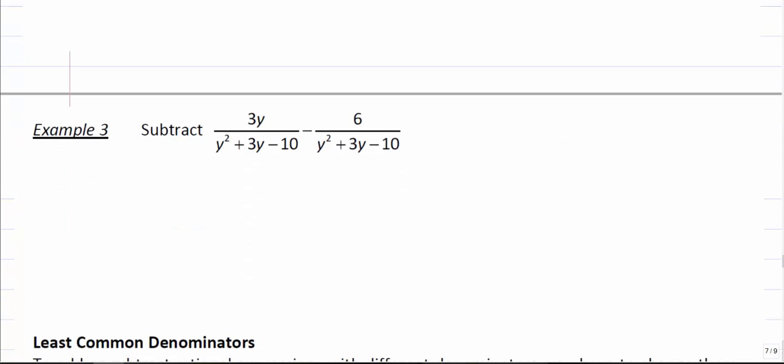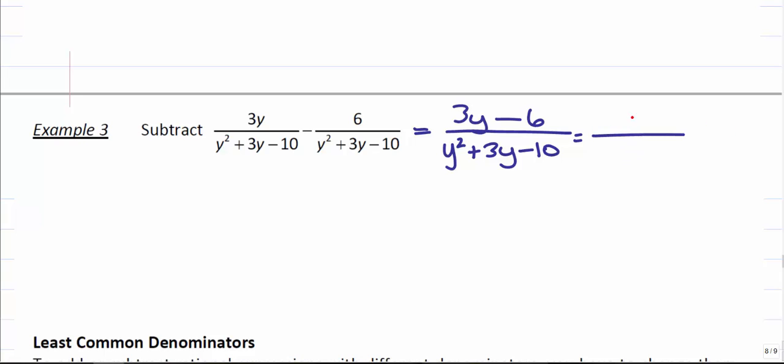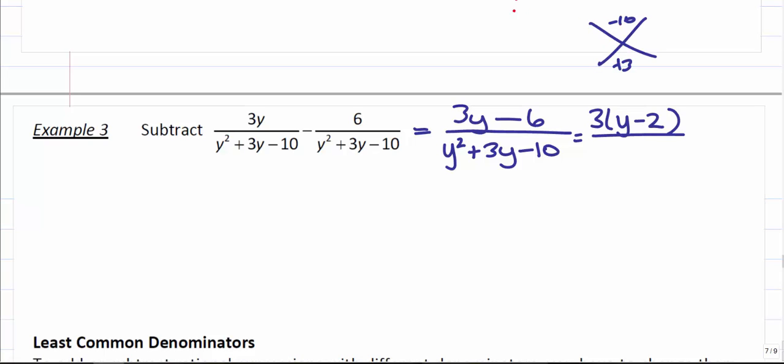Similar thing going on here. I've got 3y minus 6 over y squared plus 3y minus 10. And so just like before, I recognize, oh, I can factor out a 3. And then the bottom is a diamond problem, right? Where I'm saying what two numbers multiply to negative 10 and add up to 3.